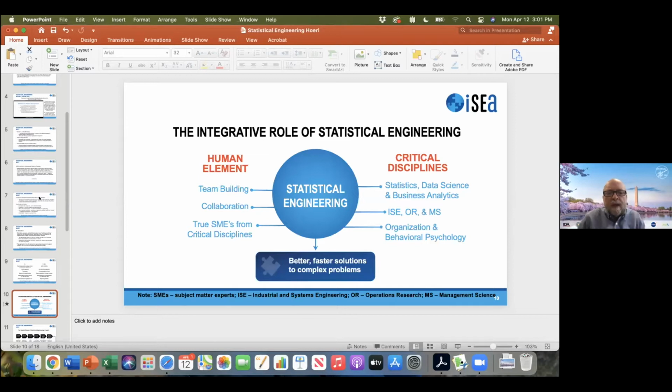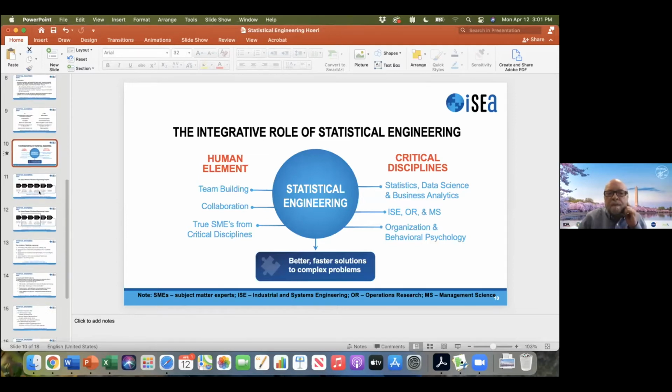Another way we might view this is that statistical engineering doesn't bring any new tools to play. It really plays an integrative role. That is, it brings tools from a variety of different disciplines shown on the right. And then on the left, it also requires the human element because, again, it's not a purely technical approach.